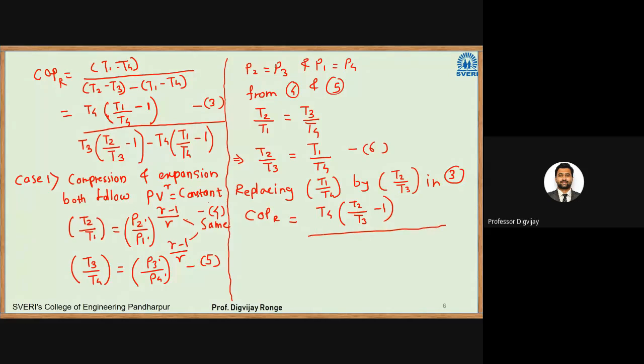Again in the denominator, T3 into (T2 by T3 minus 1) minus T4 into (T2 by T3 minus 1), replacing T1 by T4 with T2 by T3. Now see closely, there is a repeating term: the bracket T2 by T3 minus 1 is repeated in the numerator and the denominator. We can take this term common and cancel it out.